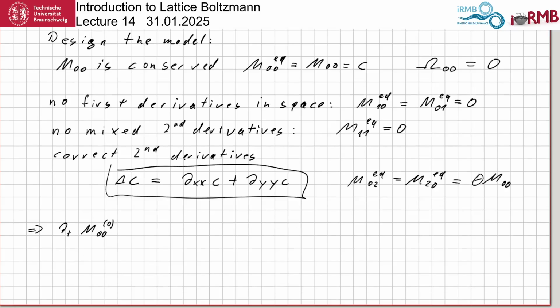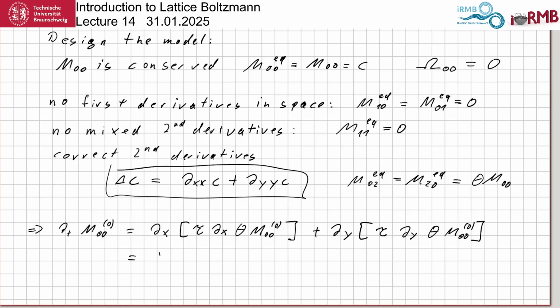So we have tau dx theta M00 to the zero order, plus dy theta M00 to the zero order, which can be written as the divergence of theta tau times the gradient of M00 of zero order.